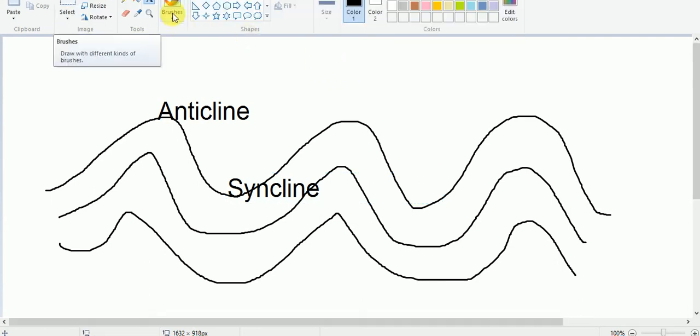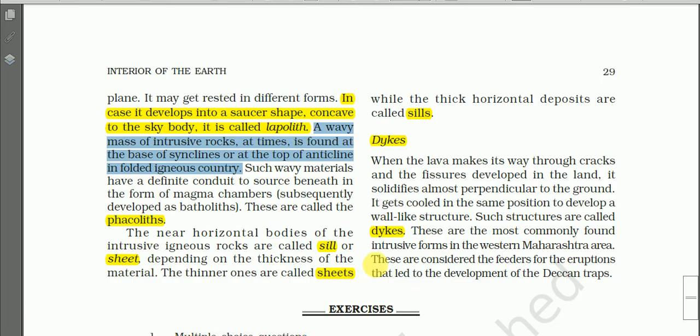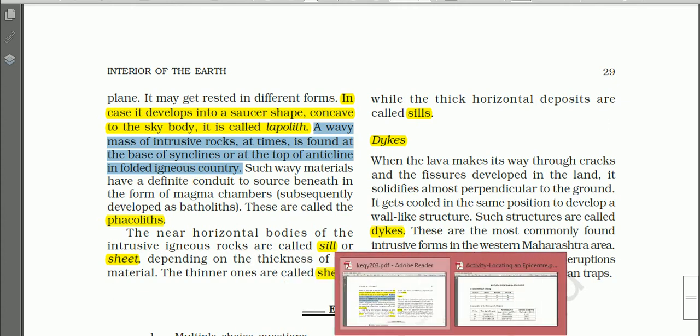And see, phacoliths are found here, at the upfold of this anticline, or here. It may be formed in this area. As mentioned, a wavy mass of intrusive rock at times is found at the base of synclines or at the top of anticlines in folded igneous country.